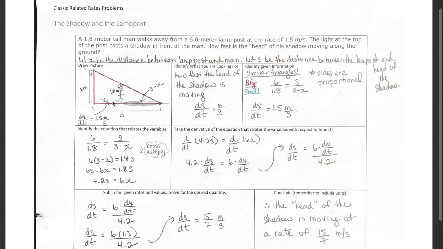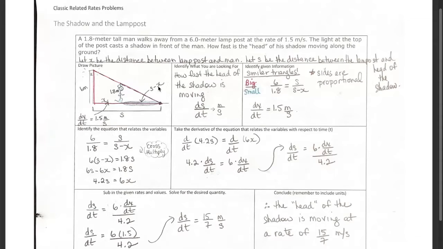Now, what we want to focus on is how fast the head of the shadow is moving. So I introduced a second variable. We'll call that s, and it's the distance between the lamppost and the head of the shadow. So this distance right here is going to be s. So this is x, this is s, which means that the length of the shadow is going to be this entire distance, s minus x.